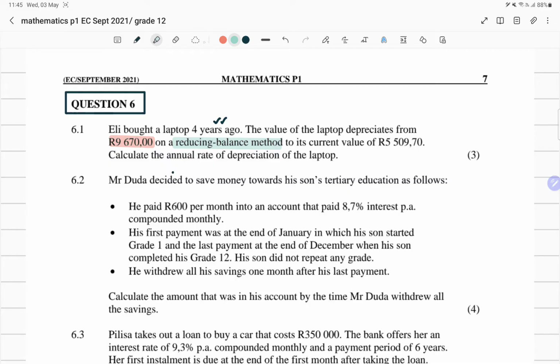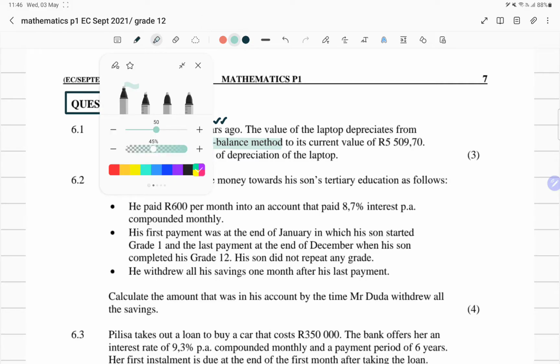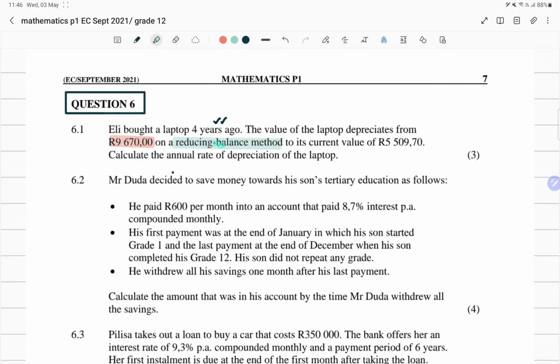So here, this question was made too simple. Balance method to its current value of 5,509 rands 70 cents. Now it says calculate the annual rate of depreciation of this laptop.